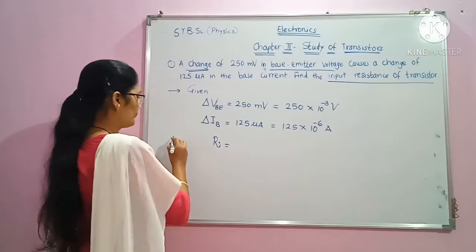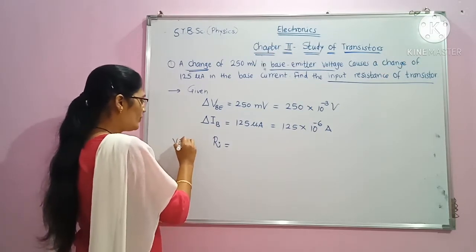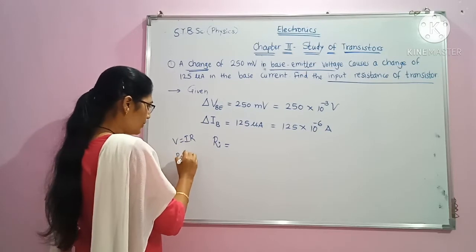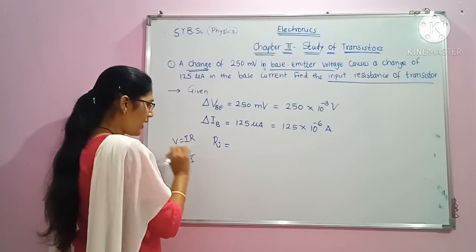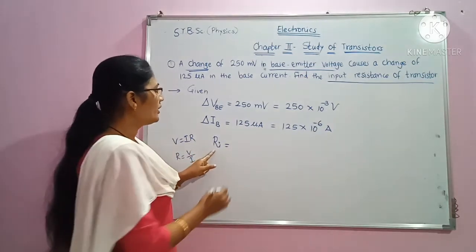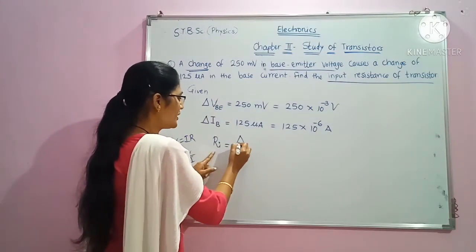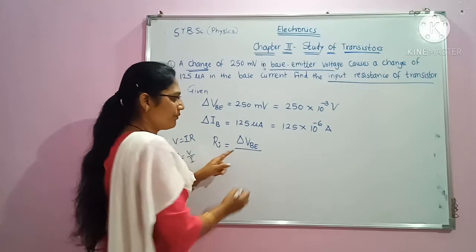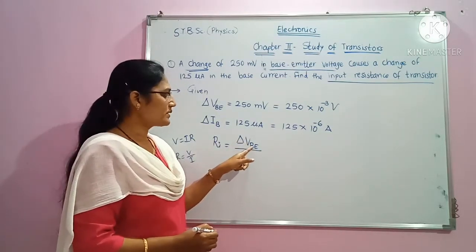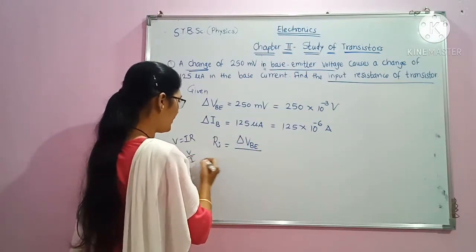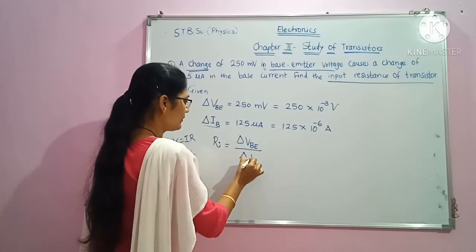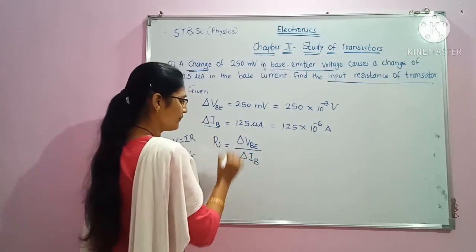We know that as per Ohm's law, V is equal to IR, which means R is equal to V upon I. So V means the change in base emitter voltage, delta VBE, divided by I, which is the change in base current.